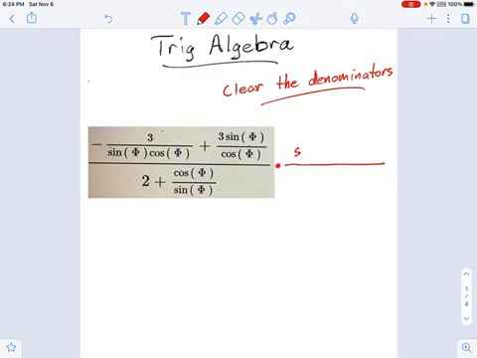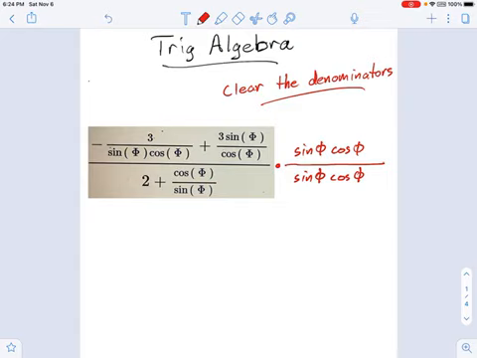If I multiply by this crazy one, sine phi cosine phi over sine phi cosine phi, I have to do the same thing top and bottom, even though on the bottom really the only thing I need is a sine phi, but I'm compelled to do cosine phi also because that's what I chose for the top.